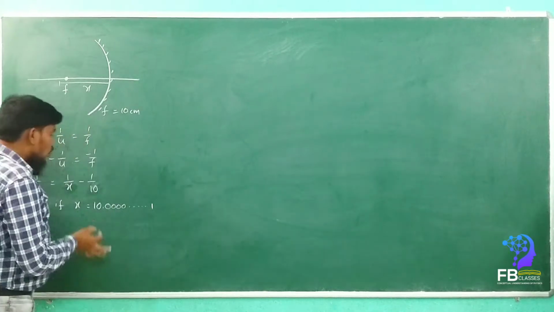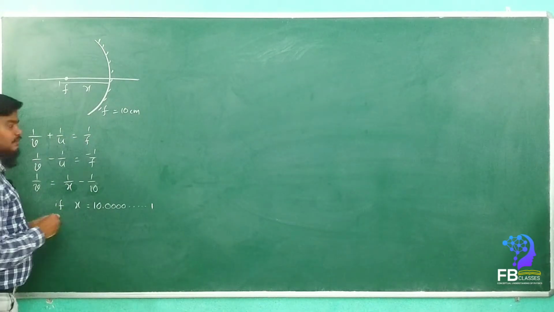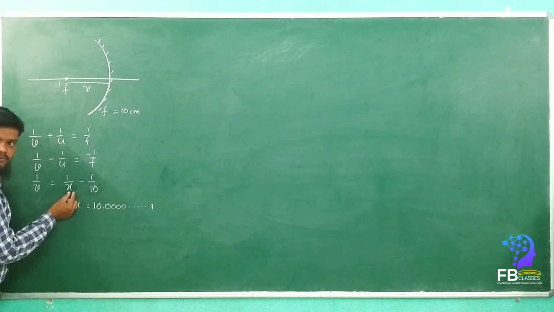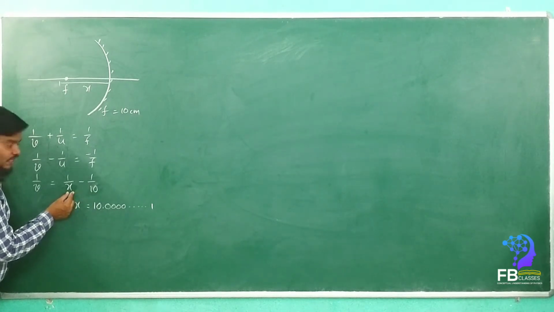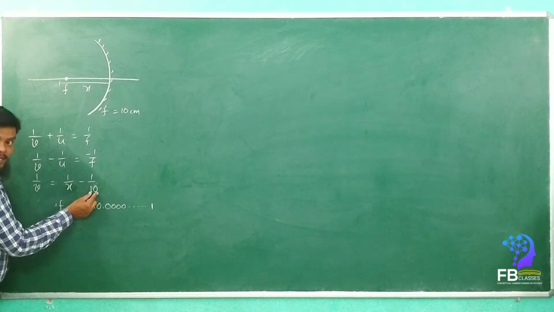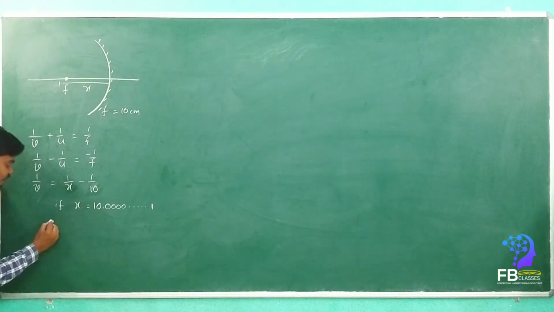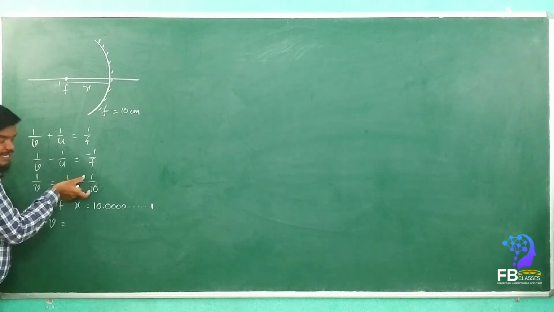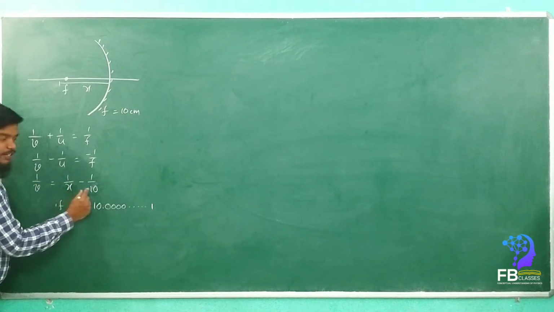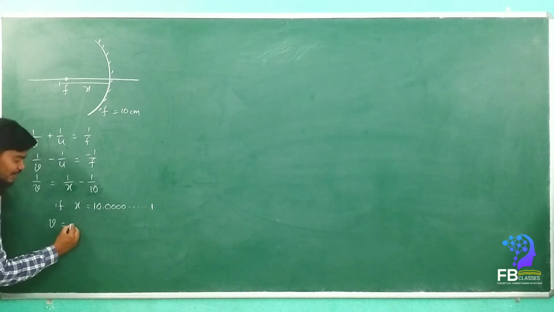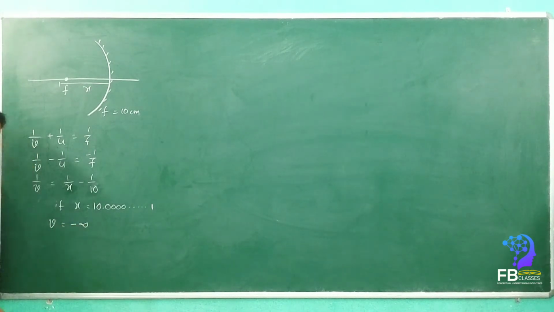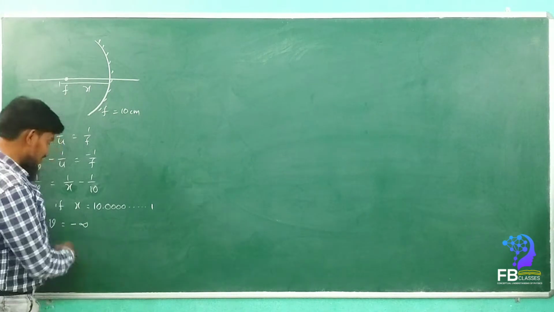Just a small value. So what will happen? The value of V, how much will it come, my dears? It is a lesser value minus a greater value, so the value will come as minus. That means it comes as minus infinity. The image is formed at minus infinity.